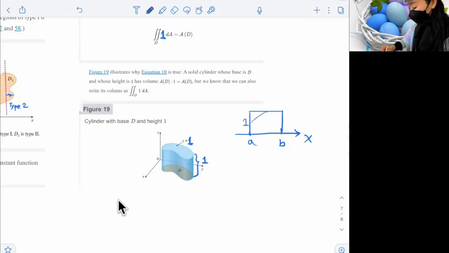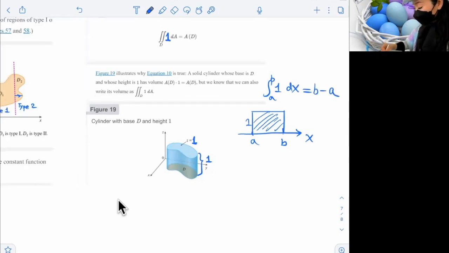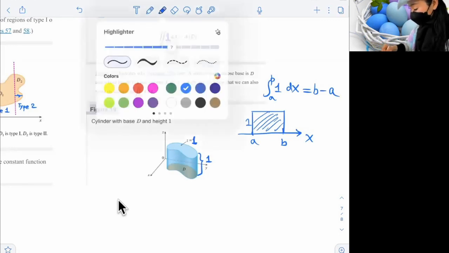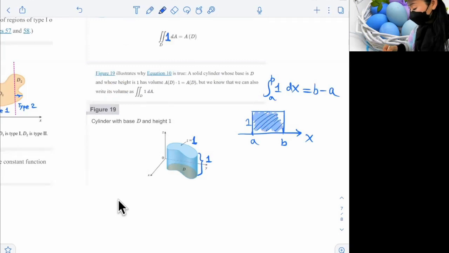When we integrate 1 dx, x going from a to b, what do you get? You get b minus a, right? And isn't this the area under this? So that's the area over here.